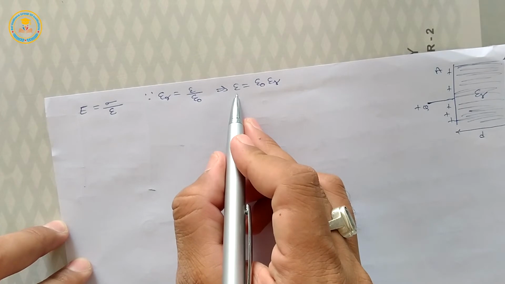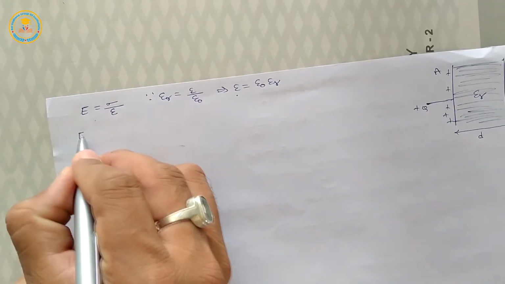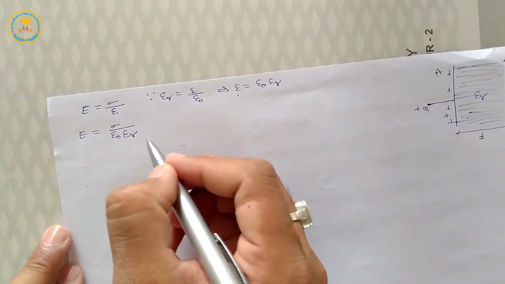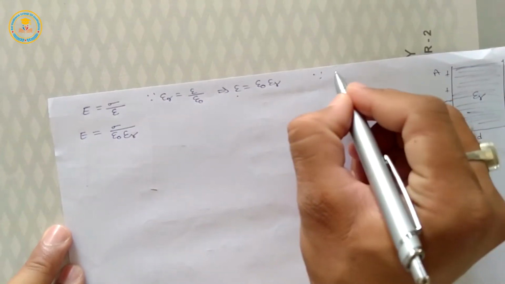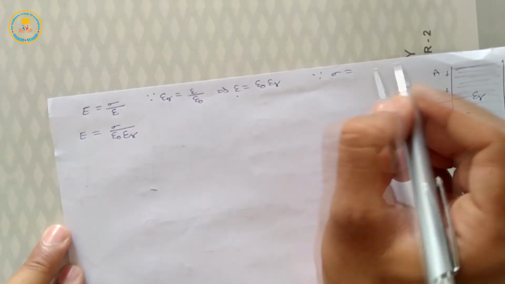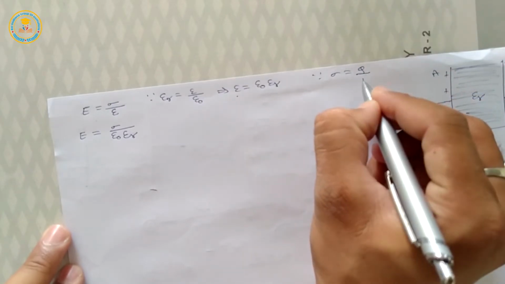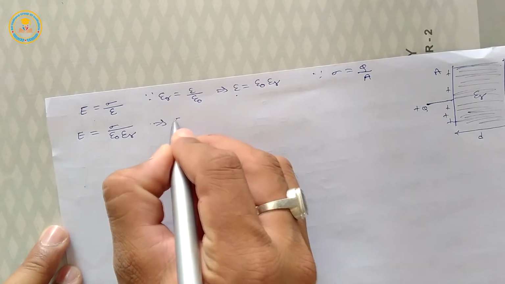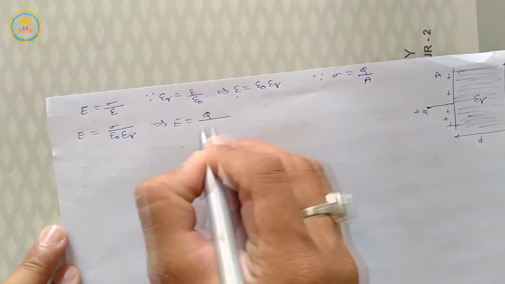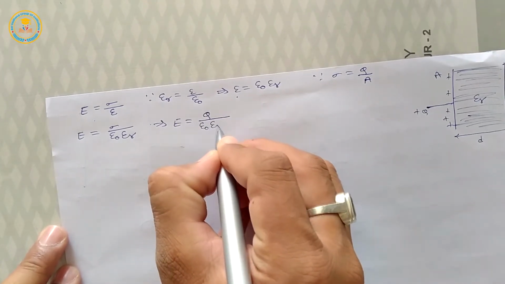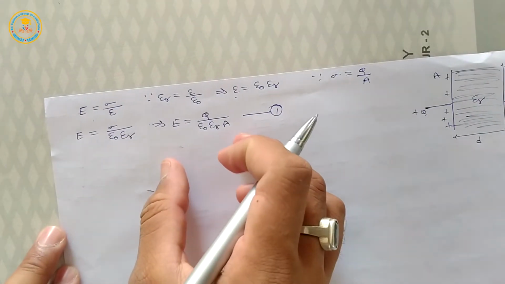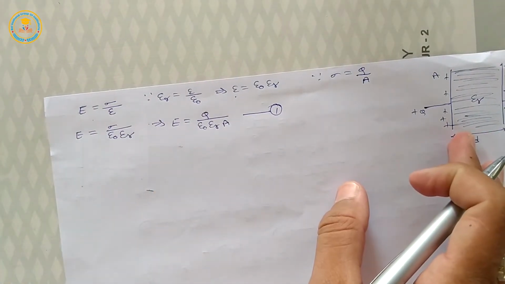Put the value of epsilon in this equation, then E is equal to sigma upon epsilon naught epsilon r. And we know that sigma is the surface charge density, equal to charge upon area. So E is equal to Q upon epsilon naught epsilon r into A. This is equation number 1, the resultant electric field between the plates.